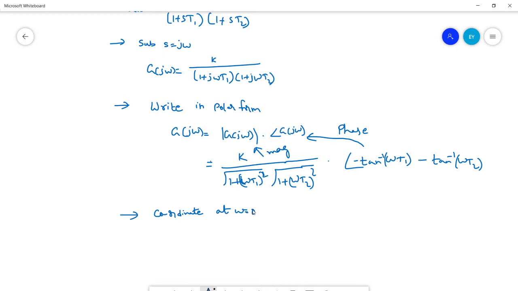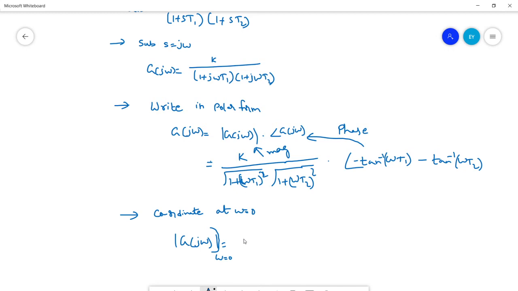What we need to do in a polar plot, as we discussed, is check for a different set of frequencies how the plot varies from 0 to infinity. So at 0, what is the magnitude? G(jω) at ω equal to 0 will become K alone. If you substitute ω equal to 0 here, 1 will be left, and here also 1 will be left.